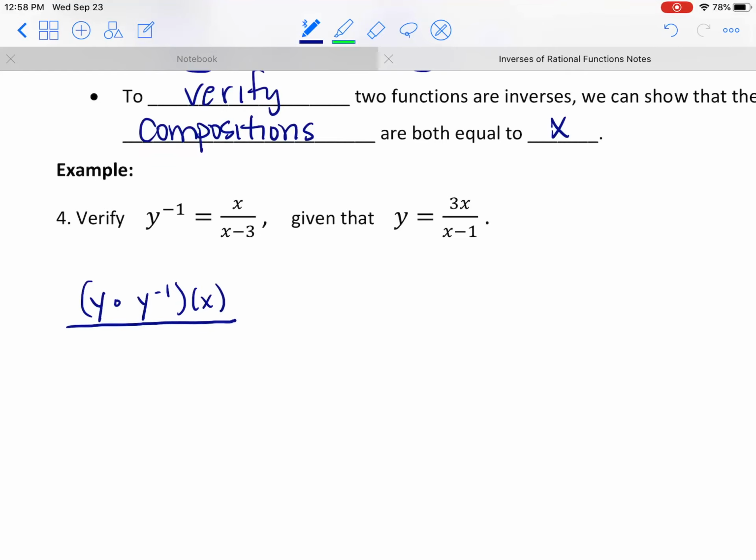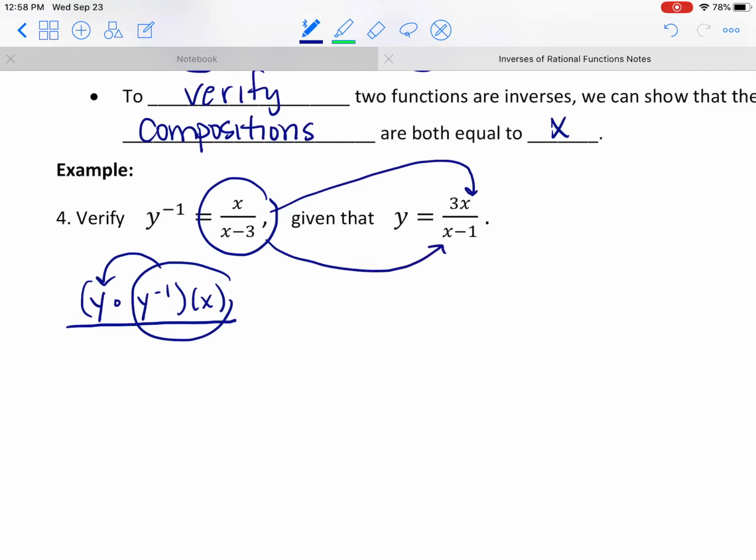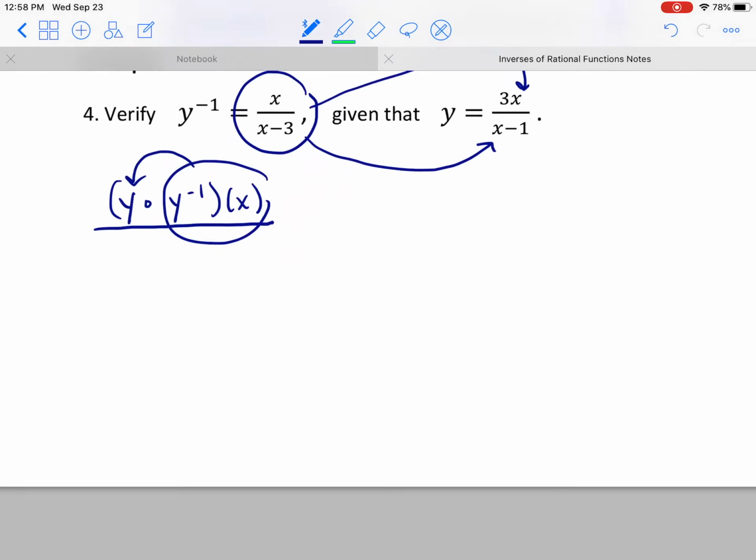That is taking the inverse function and plugging it into the original function. So we're going to take this inverse and we're going to plug it into the original. But the original's got two x's, which means it's going to have to go here and it's going to have to go here. And this is going to look really ugly, but it's going to give us a chance to practice a bunch of our skills.